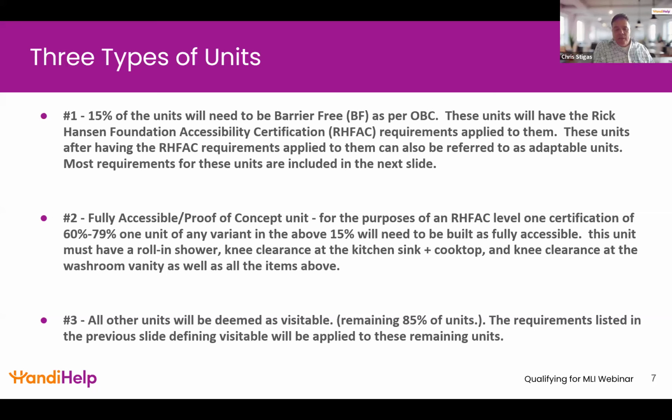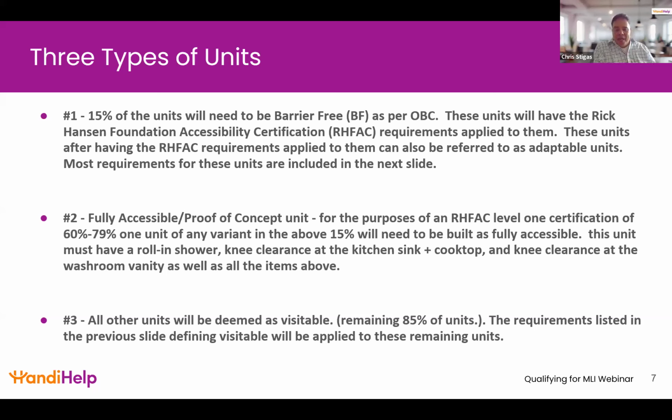Then the next type of unit is going to be a fully accessible unit. This unit will be one unit within the 15%. And this unit is going to have a roll-in shower, knee clearance at the kitchen sink, knee clearance at the cooktop, knee clearance at the washroom vanity.